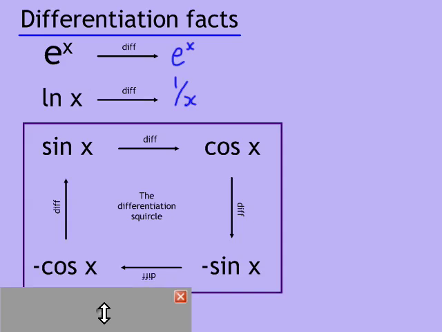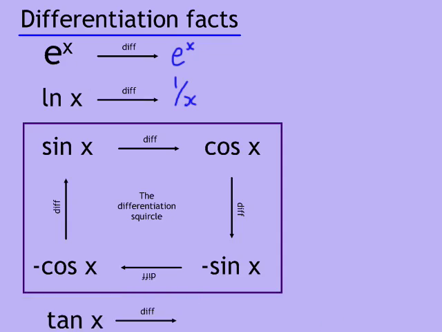And then when you differentiate minus sin x, you get minus cos x back. And then when you differentiate minus cos x, you get sin x. So this goes round in a cycle, a square cycle. That's why we call it the differentiation squircle. And finally, when you differentiate tan x, you get sec squared x. So you'll need to memorize all of those.